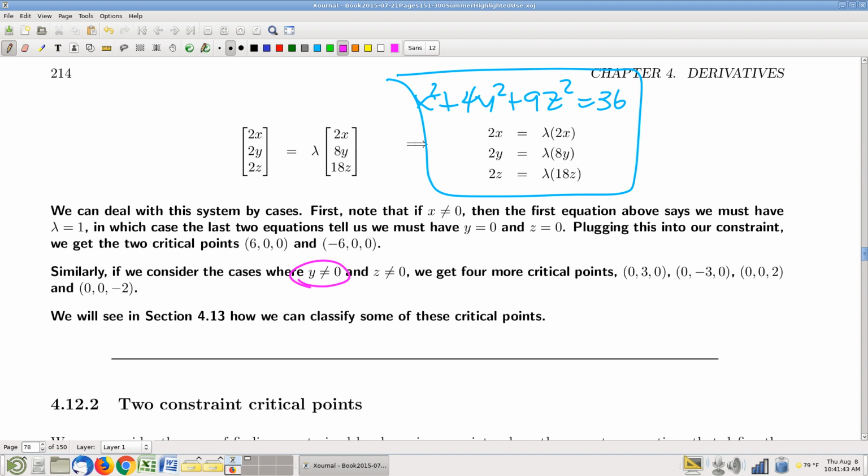I'm going to leave the algebra for y'all. It's analogous to what we just talked about, but if y is not 0, then you get two more critical points. And if z is not 0, again, algebra for y'all, it's analogous to what we just did, I get two more critical points. We've got 6 critical points. Not no critical points, we have 6 of them.